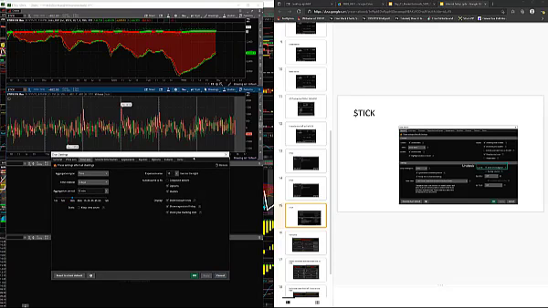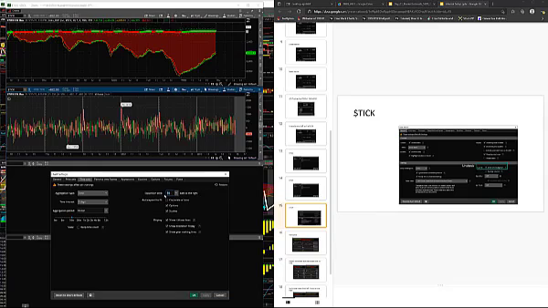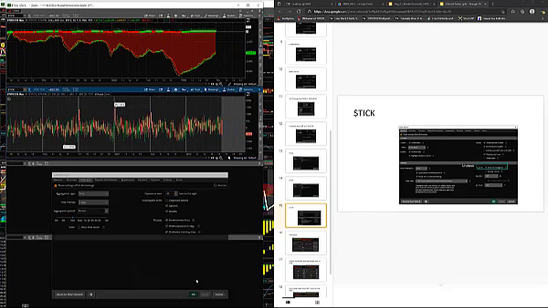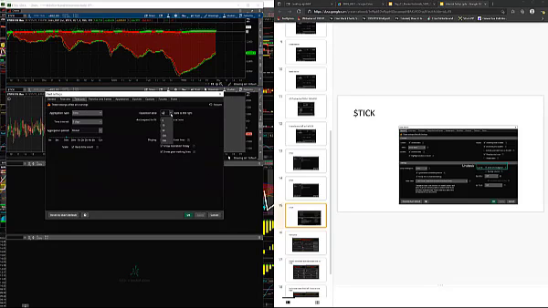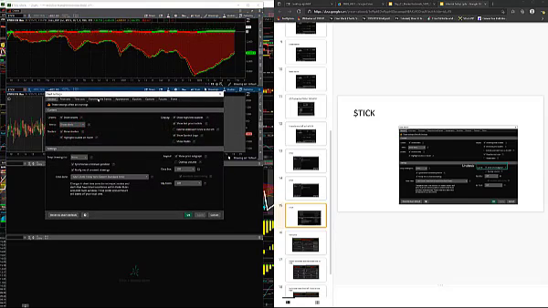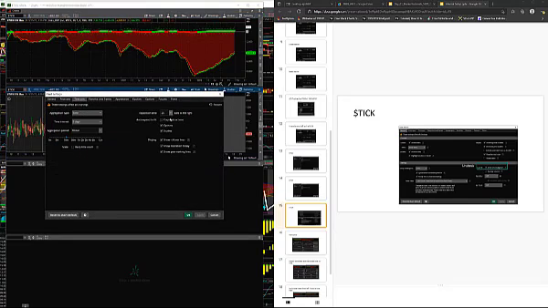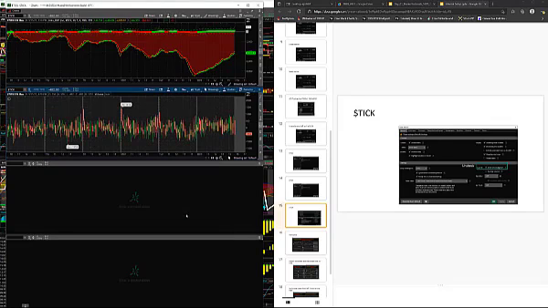Maybe 25. Let's see what this one's set to. 32, 10, 10. 10, 10. Okay, so now they're all aligned, right?